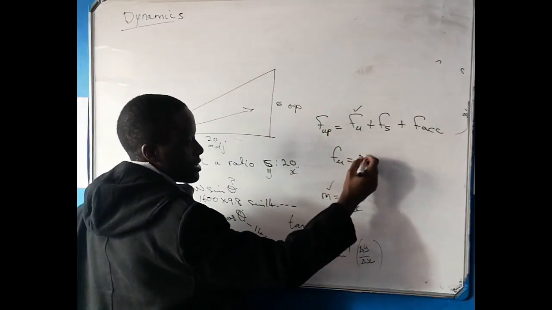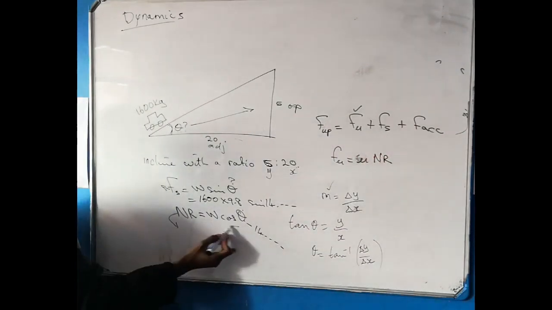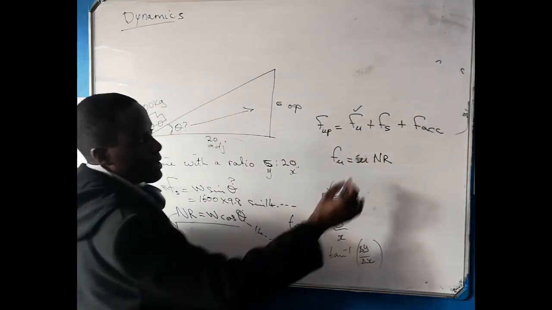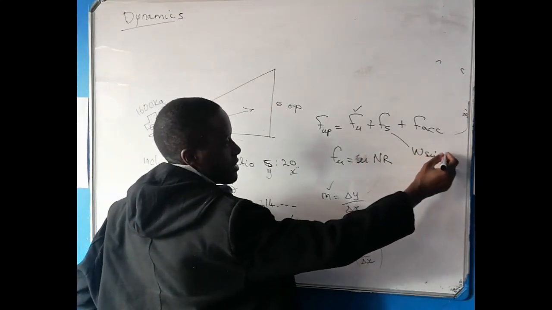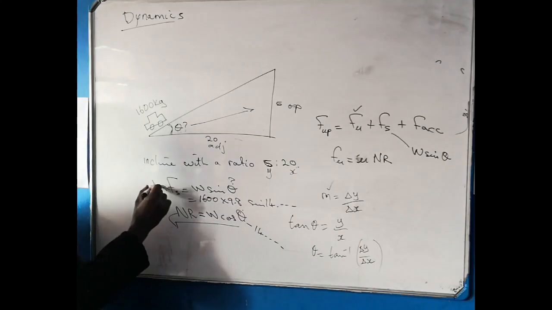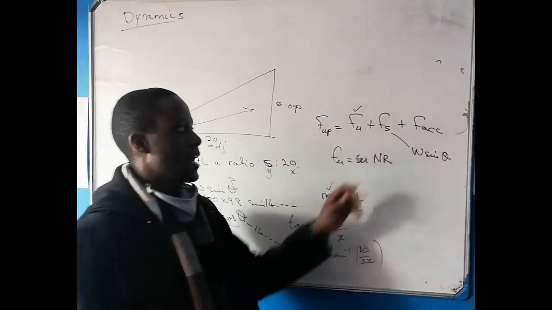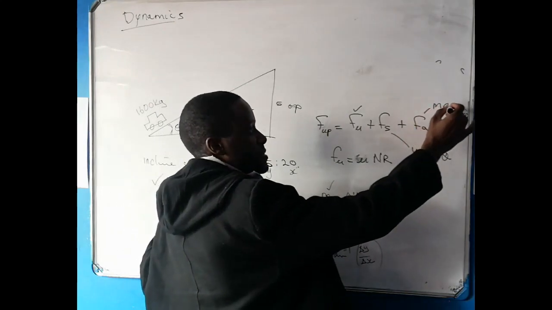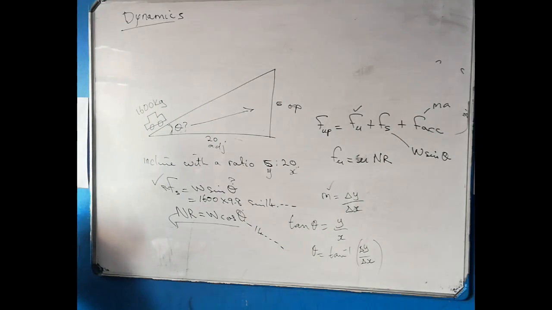Friction force needs the coefficient times the normal reaction. The sliding force needs the weight times sine theta, which still needs our angle. The other side is just the mass of the object times the acceleration.